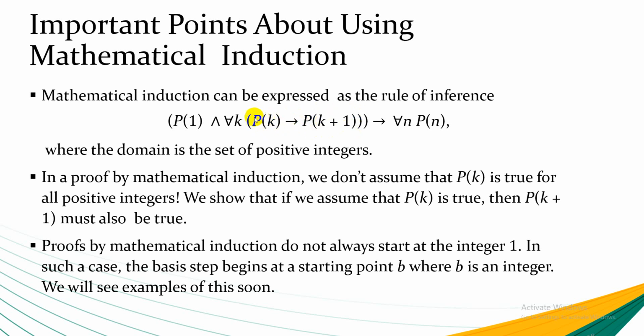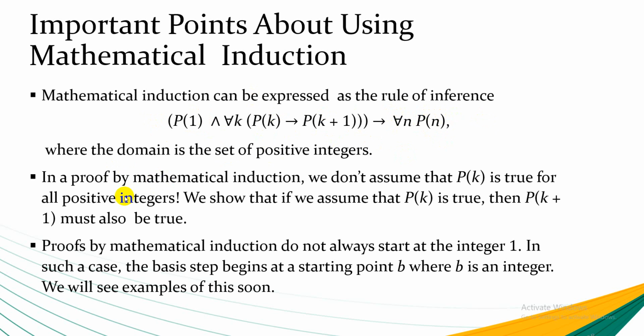And if P1 is true, true and true will give you a true. So here we have proved that for all n, Pn is true. Okay, this is just to express it as the rule of inference.